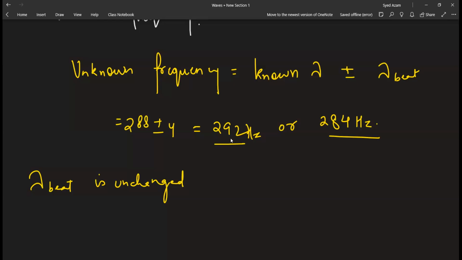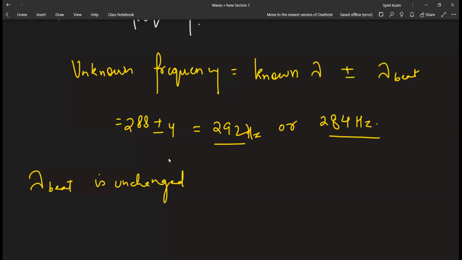With both 292 and 284, you're getting the beat frequency as 4 with 288. So out of both the possible frequencies, one must be the initial frequency, another would be the final.